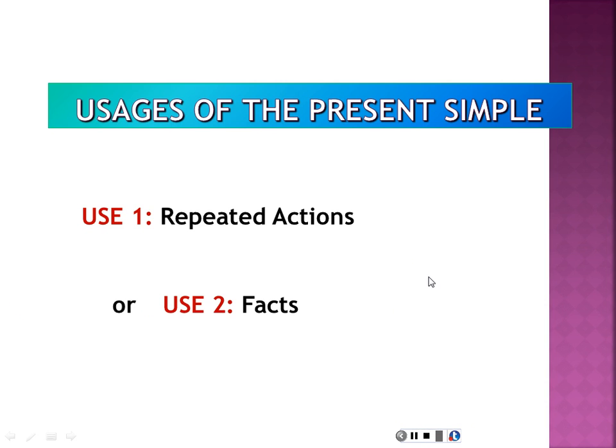Use number 2. The use number 2, facts or generalizations. الحقائق أو التعميمات. When you generalize, نطلق تعميما على شيء ما. Okay? While the first one, repeated actions, الأفعال المتكررة.